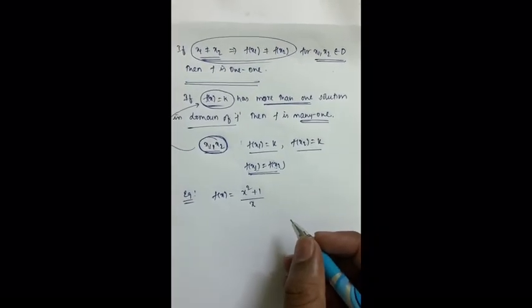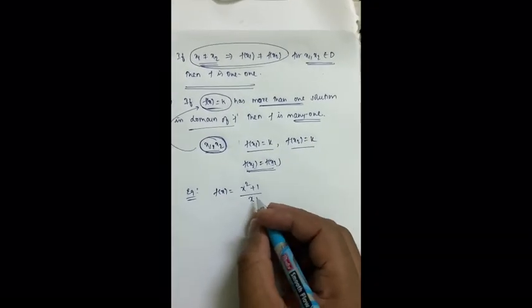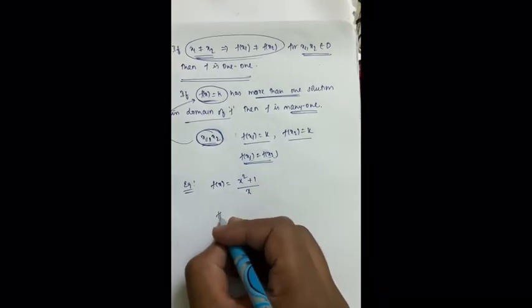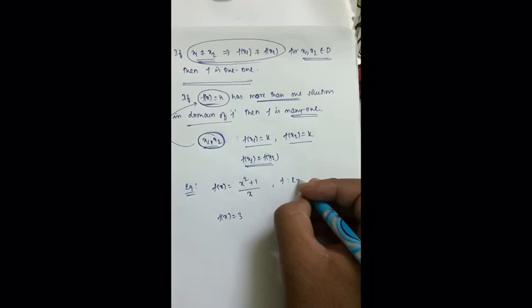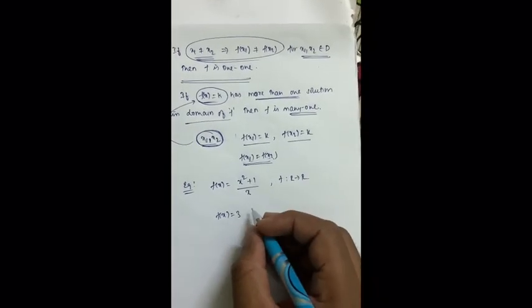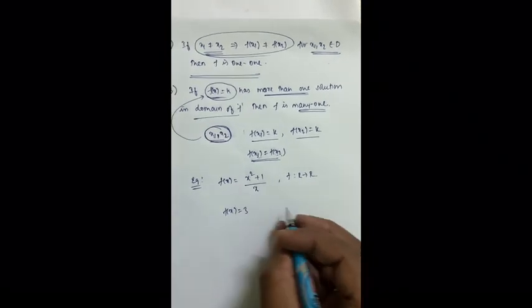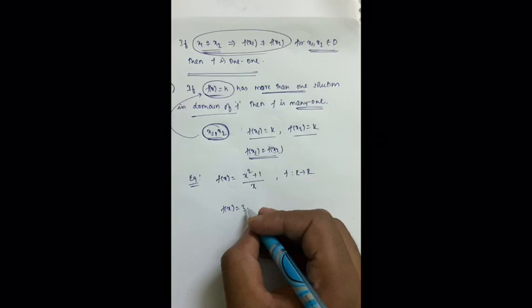We are trying to do this question using this rule. What I will do is set f of x equals 3. And again this is very important, the domain: if it is R to R, then we are solving. And again understand, we are just doing these examples to understand this rule, that's all.